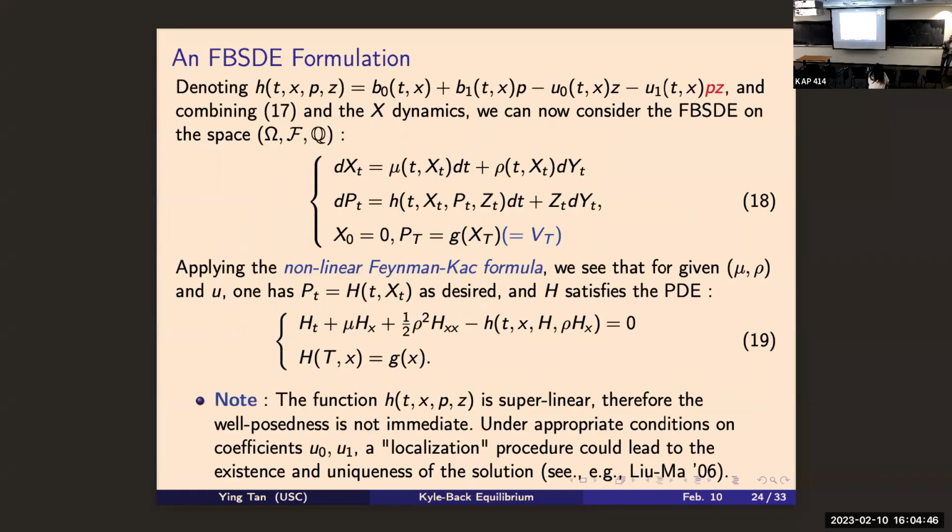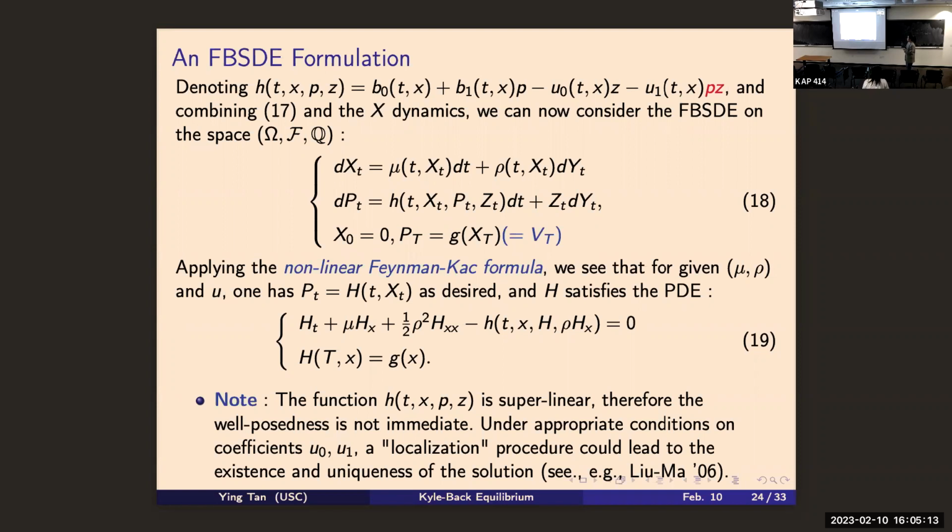The last thing is we combine the SDE we just derived for the price P with the factor process X. We can obtain an FBSDE, with this terminal condition, P capital T is equal to G of X capital T. Recall that we have solved that stochastic two-point boundary value problem.